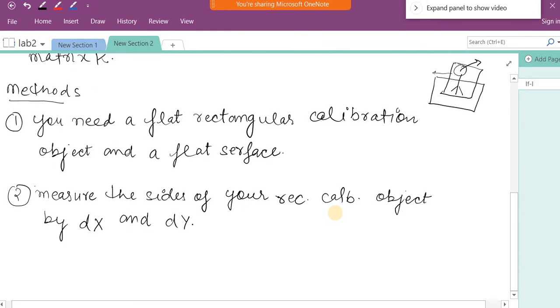Also in augmented reality, these two things, the plane surface and the object, are obviously very necessary. But the third thing, which is also mandatory, is the camera.